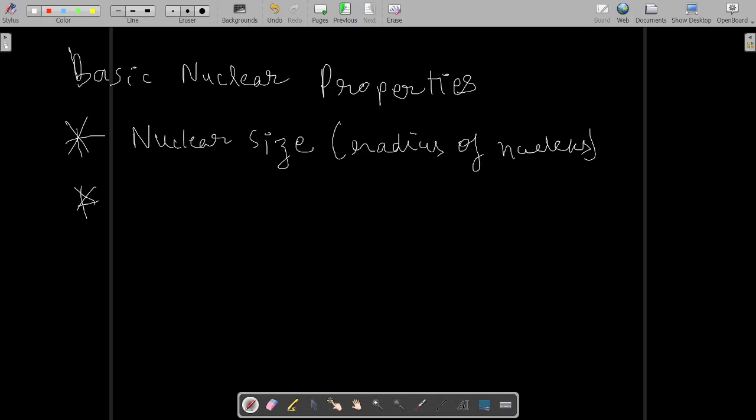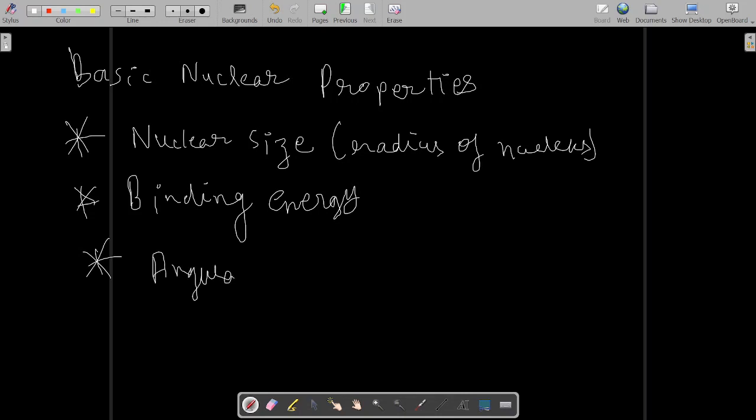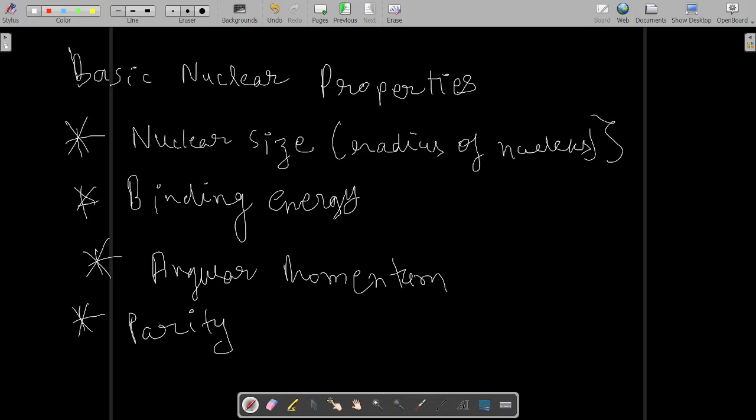Then we have something called binding energy, which we are going to learn in the upcoming classes. Then angular momentum, then parity, which we are going to start with in this class. All these things will require a further 15 to 20 classes.